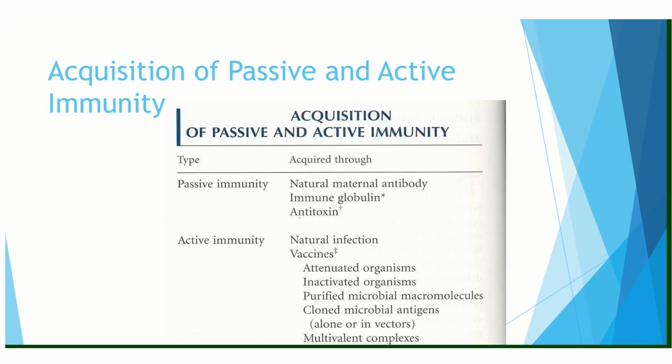So how about passive and active immunity? Passive immunity consists of natural maternal antibody, immunoglobulins, and antitoxins. In active immunity, we have natural infections, and it also includes vaccines. For example, the types of vaccine are attenuated organism, inactivated organism, purified microbial macromolecules, cloned microbial antigen, and multivalent complexes and toxoids.